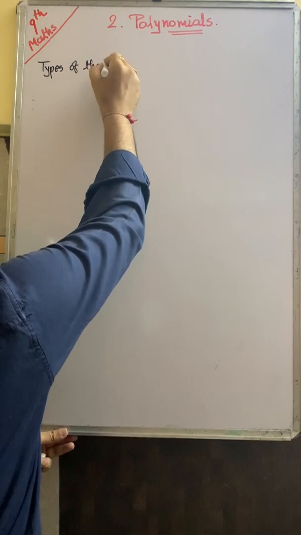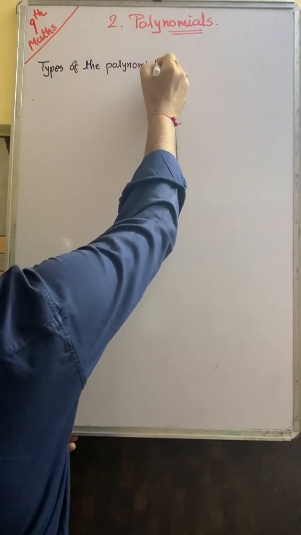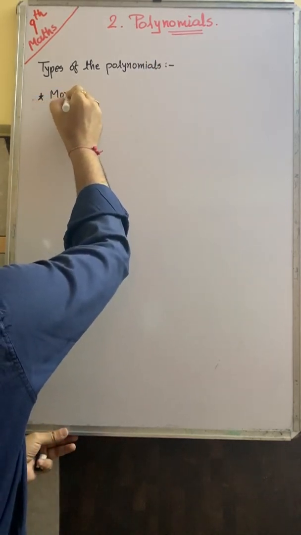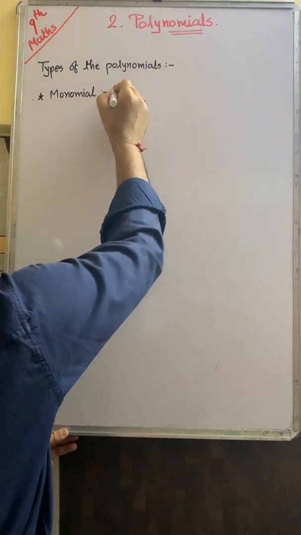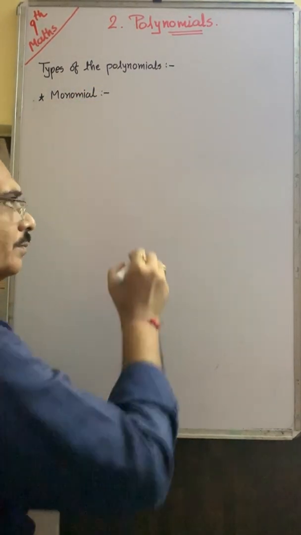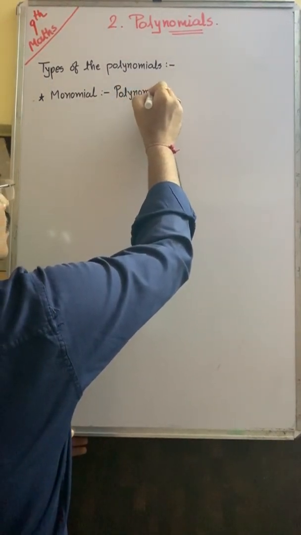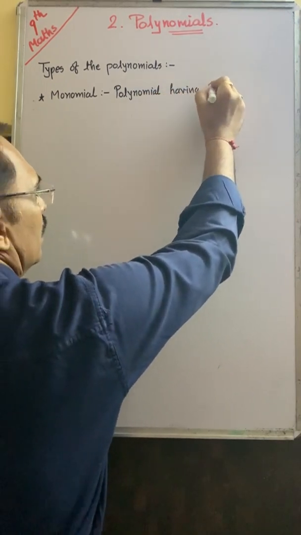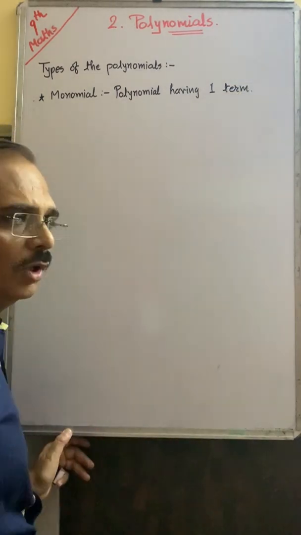First is monomial. Monomial means a polynomial having one term. Polynomial having one term, that is called monomial.